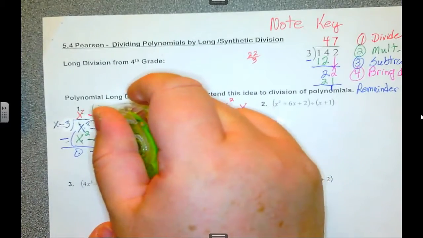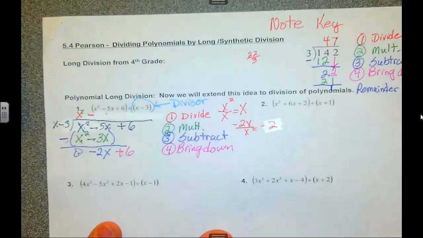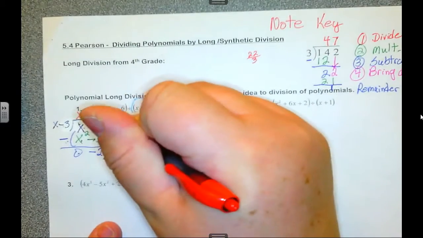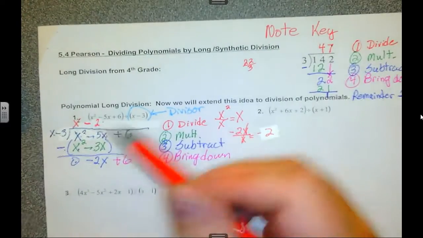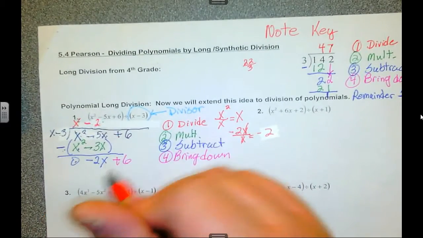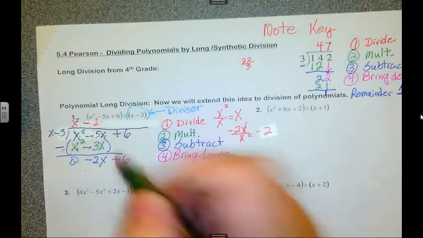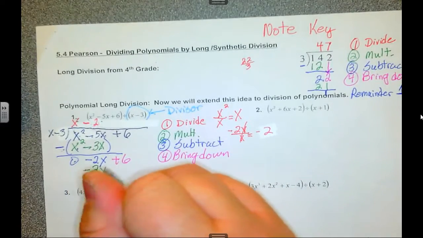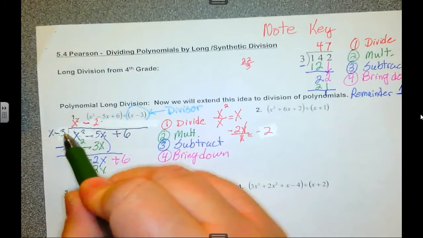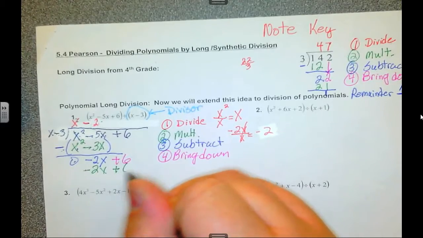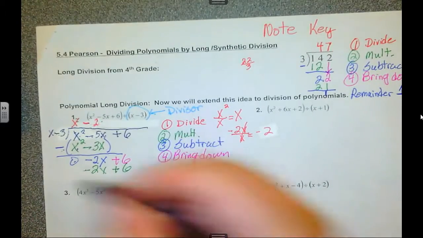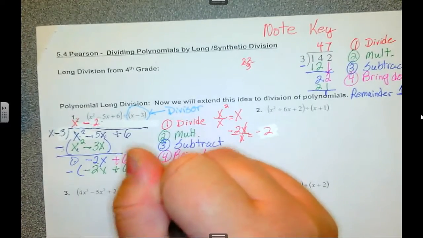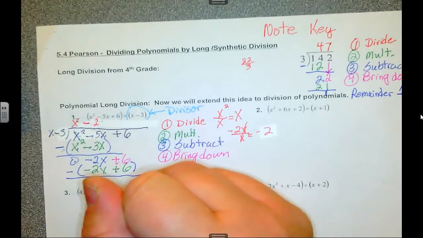My fault, big shot. The x's cancel. Okay, negative 2 times x, negative 2x. Negative 2 times negative 3 plus 6. Subtract. Zero.